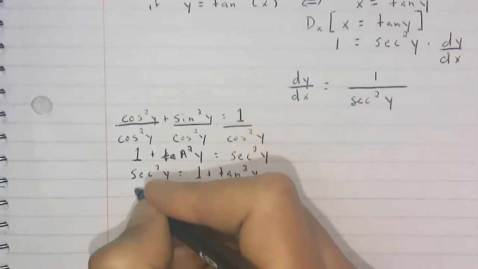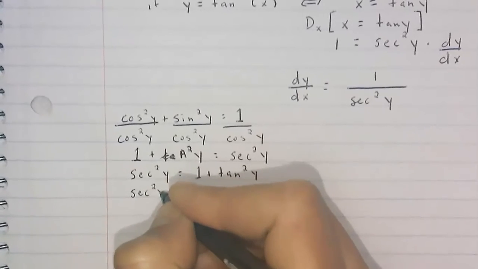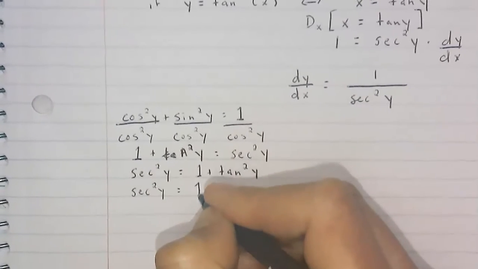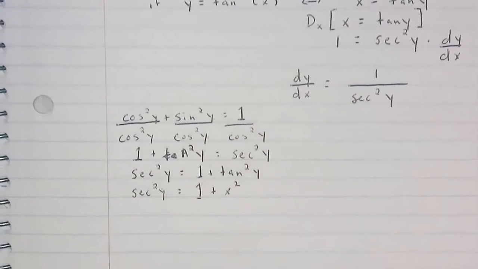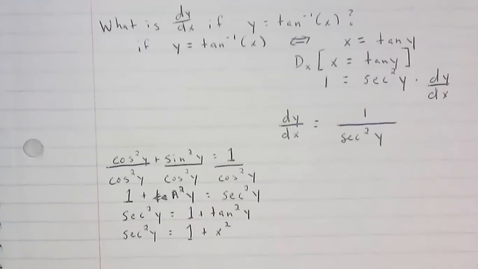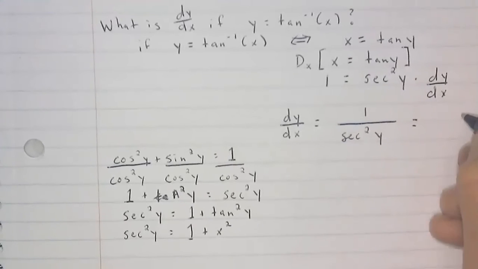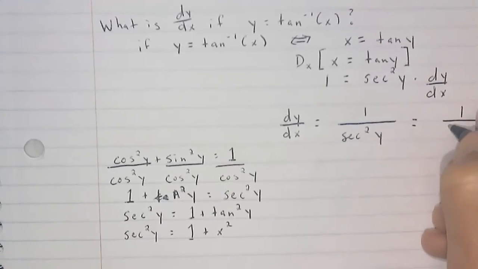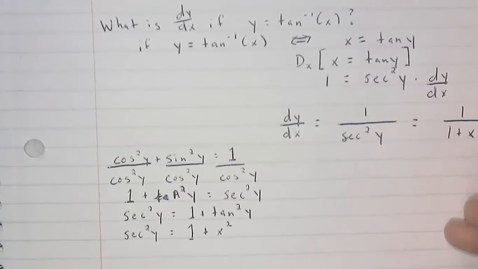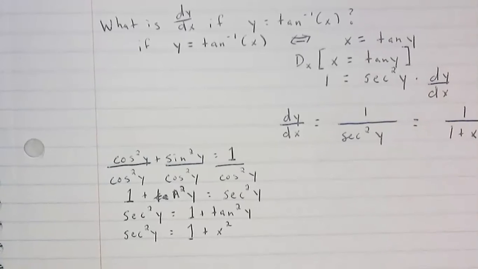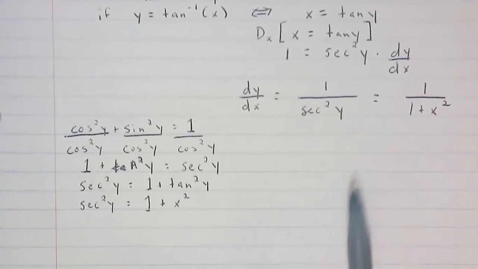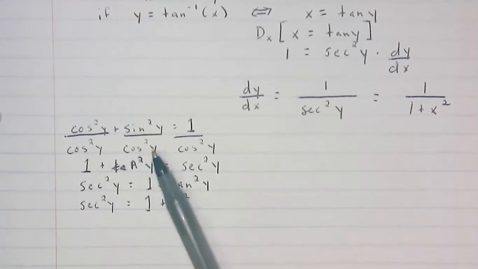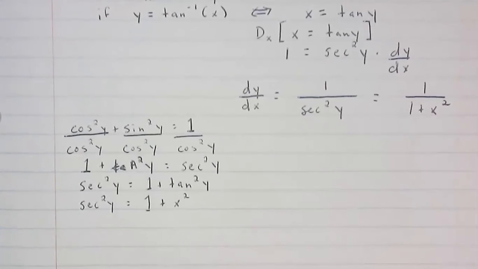So we can write this as secant squared y is equal to 1 plus x squared. And that is what we will use in the definition of our derivative: 1 over 1 plus x squared. All based on this Pythagorean identity.